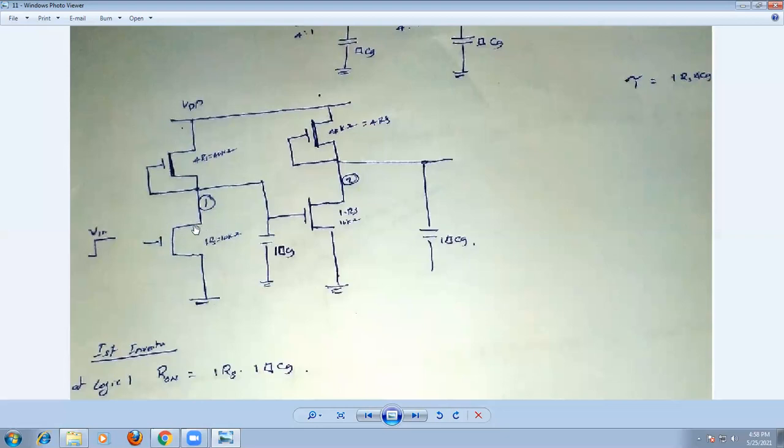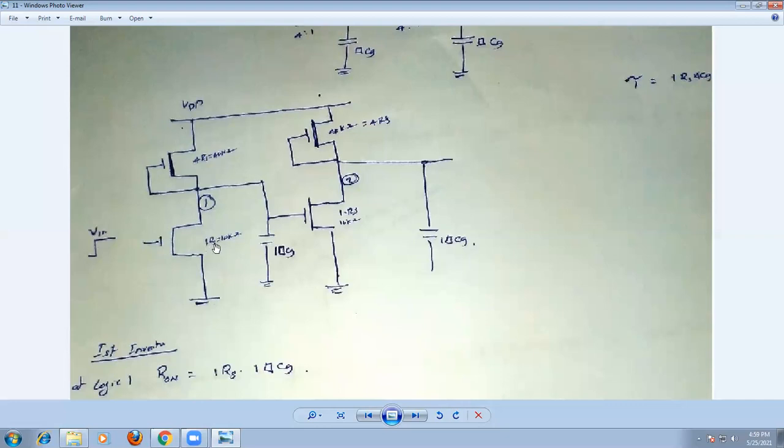When this transistor is on, what is the resistance? Z into RS. Because we are assuming a 1:1 ratio for the pull-down and a 4:1 Z pull-up to Z pull-down ratio, it becomes 1 into RS.